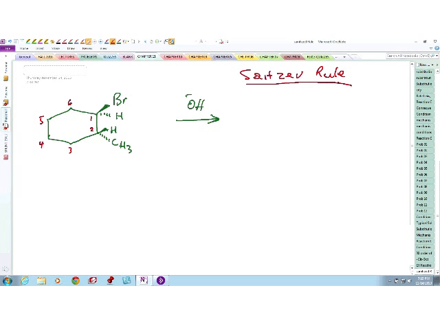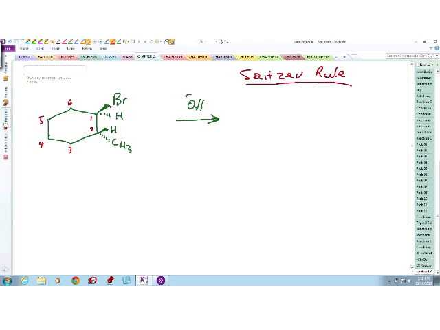Because keep in mind, we told you the E2 reaction can only take place whenever there is a possibility of an anti-periplanar relationship between the hydrogen and the leaving group. Look at this here. There's a methyl group trans to this bromine, and this hydrogen is cis to this bromine.